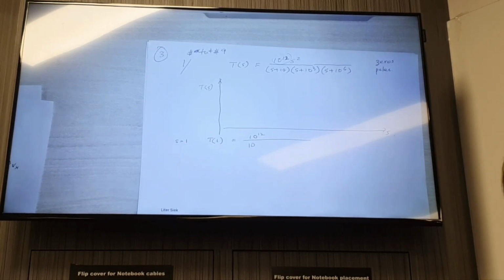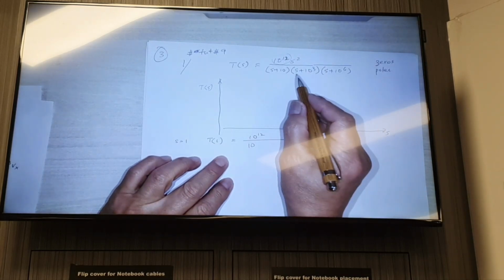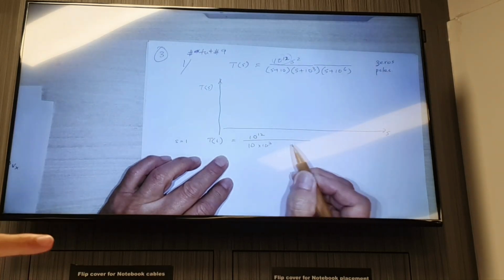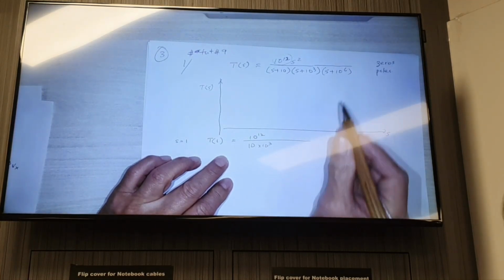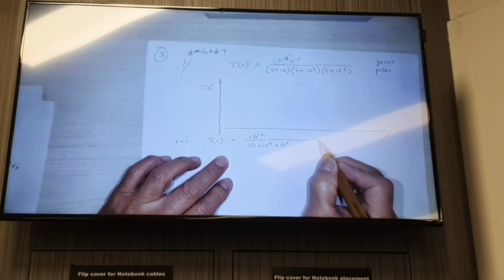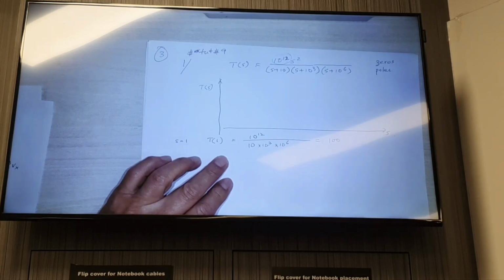So we say that it's 10, by approximation. And obviously, 1 compared to 1K is 1K, and 1K compared to 1 meg is 1 meg. And therefore, here we have 100.